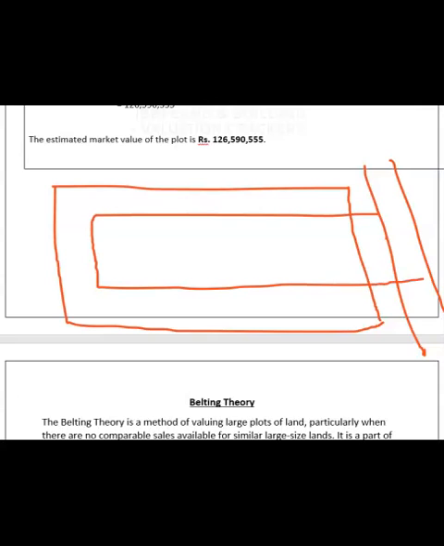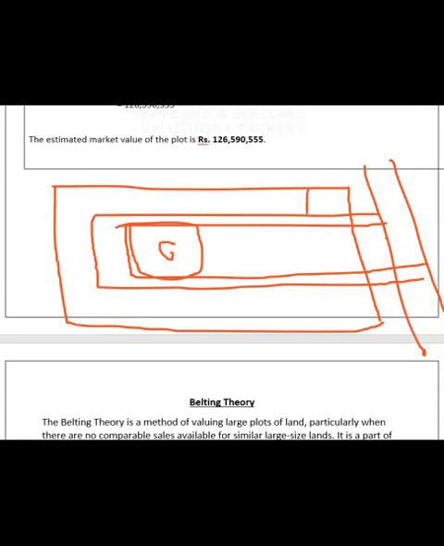This area will be road. Here is, say, the garden. Then this area is divided into plots, approximately similar. We have sale instances of 150 square meter, so you can make plots of 150 and 200 square meter.